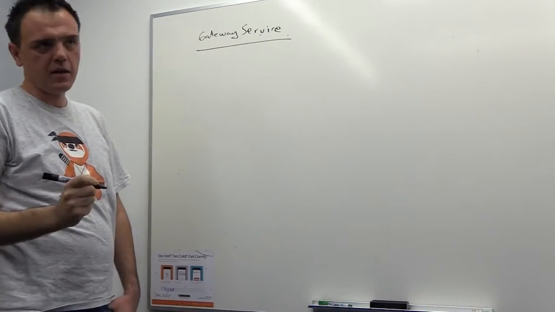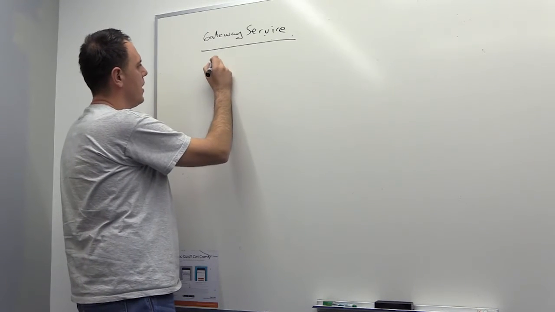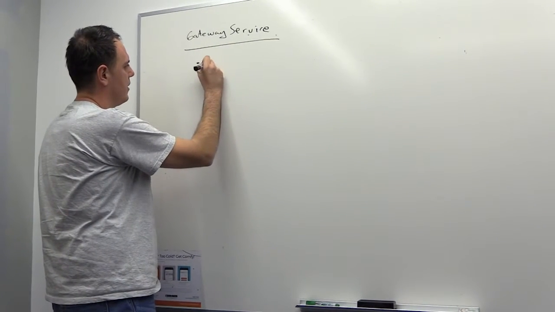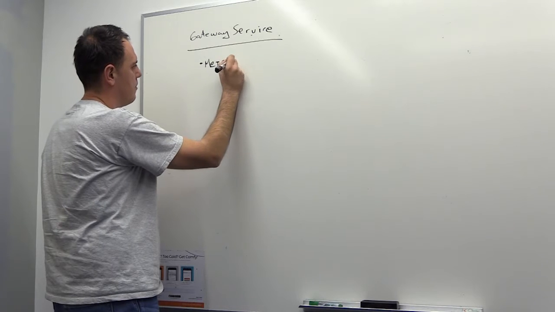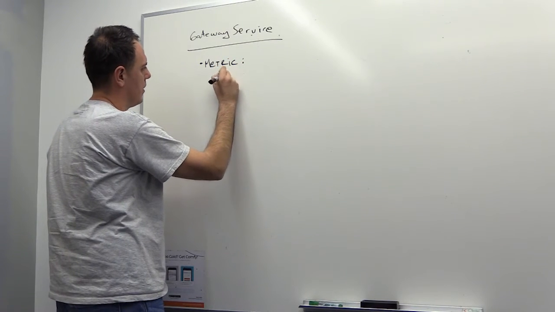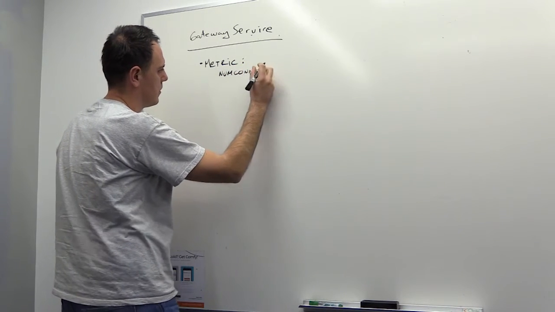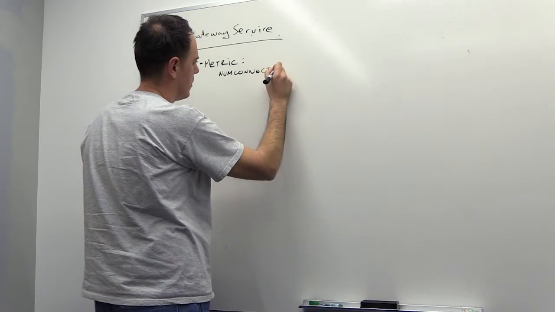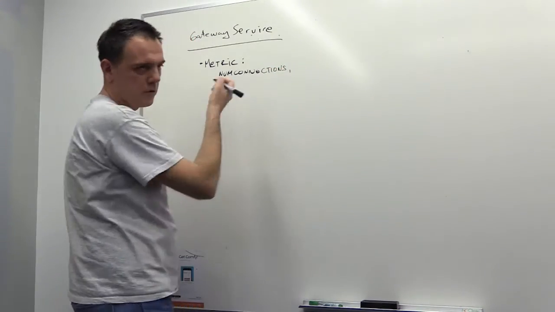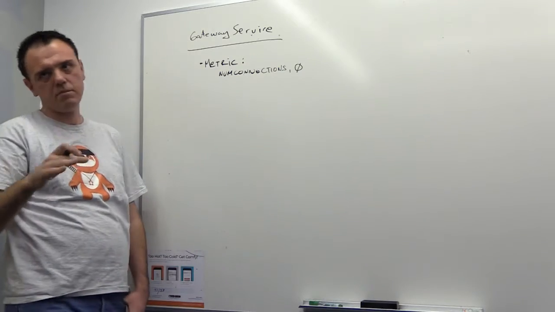And when you're defining your gateway service, one thing that you will do is you will say that it has a metric which is called number of connections. And the default value for this metric is 0. So when it spins up, no connections.